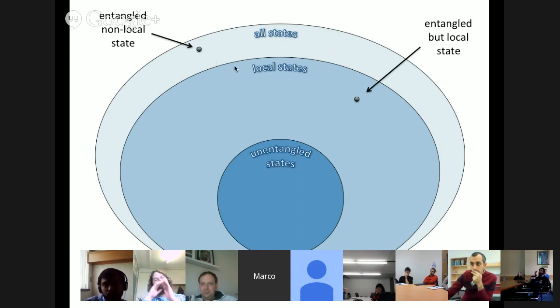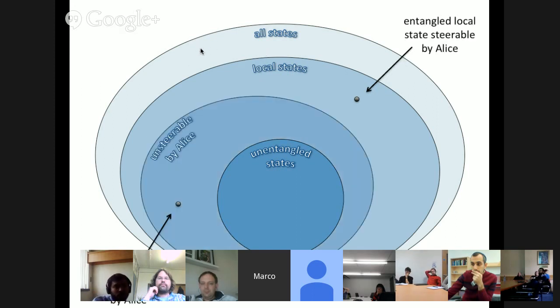So in this case, we can have now, interestingly, states that are entangled but that don't allow device-independent verification of their entanglement. So we say that they are local, and others that instead are non-local. Steering adds one more layer where we can have states that are local, but they allow for a semi-device independent verification of their entanglement. And some others that instead don't, at least when Alice is the one that measures.